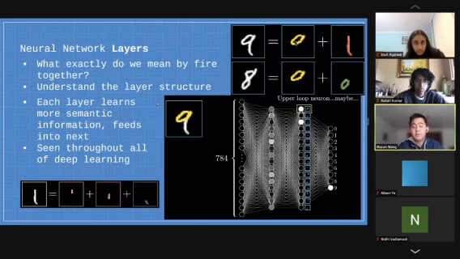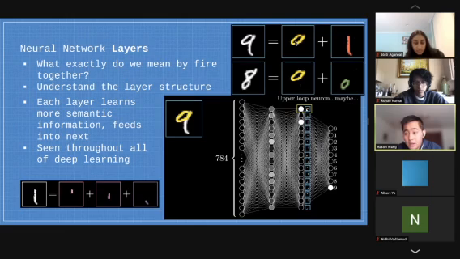This is seen throughout all of deep learning, where deeper layers will have more semantic information. If I gave you a picture, let's say you're classifying whether the image is of a dog or a cat. The first few layers might pick up on edges. The next few layers might pick up on more details. And the last few layers will have the most semantic information, which you can make your classification based on.